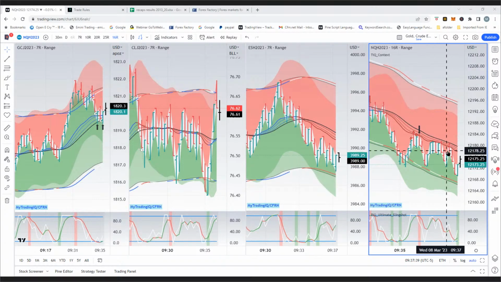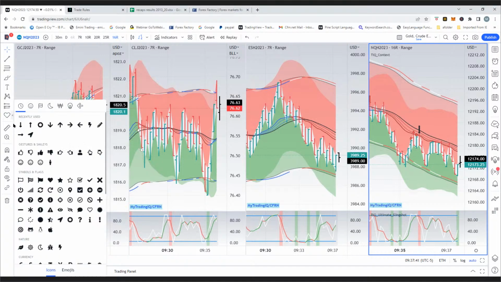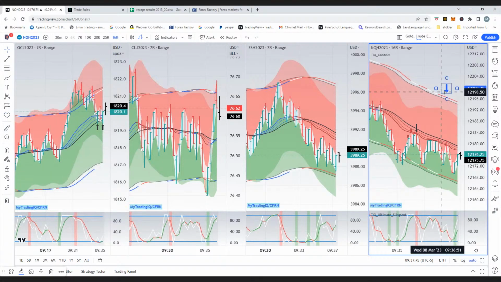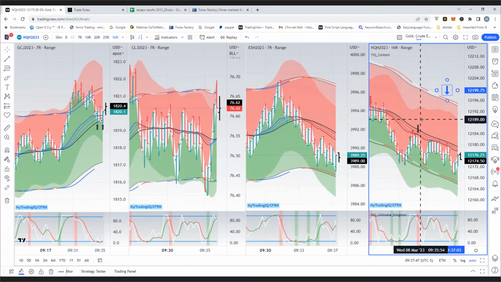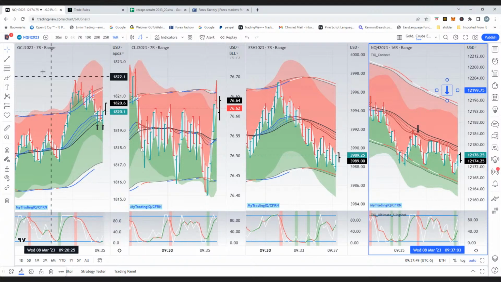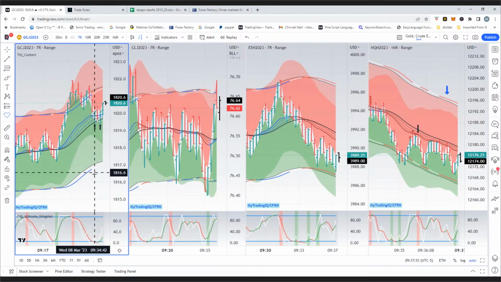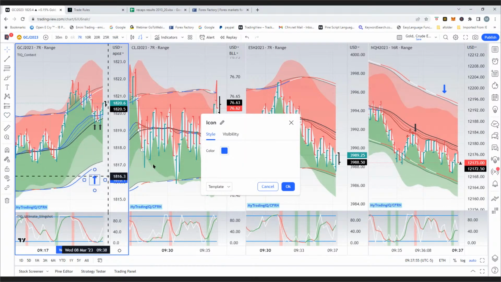Okay. So I took some profit over here again on that one on the NQ. You see the NQ is really fast, so it's hard for me to keep up with it. And the gold over here, I just ended up with a break even on this. So that is like that.